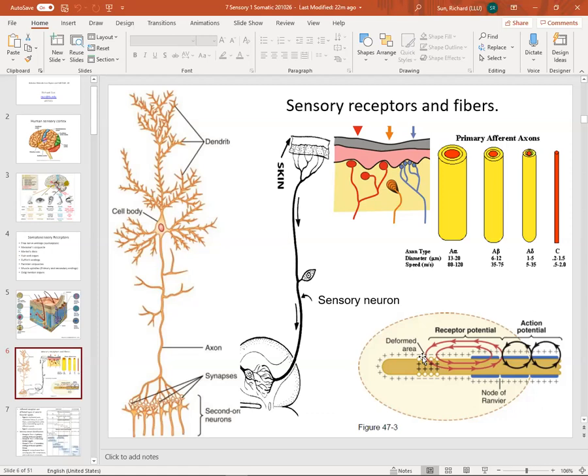Only if it's above the threshold can it trigger an action potential. So here we have two potentials, receptor potential and action potential. Only when the stimulus is strong enough to trigger a receptor potential above the threshold will it then trigger an action potential. And then this action potential will travel from the dendrites toward the axon terminal.